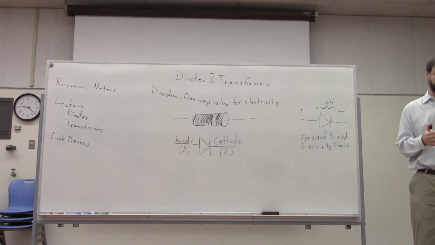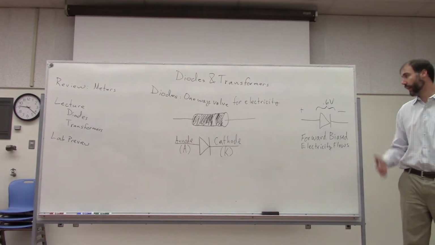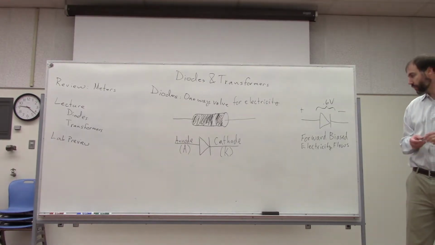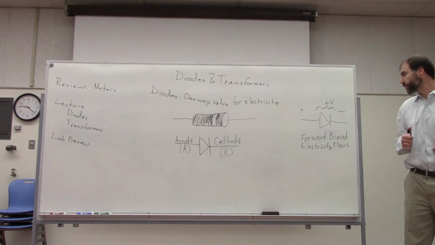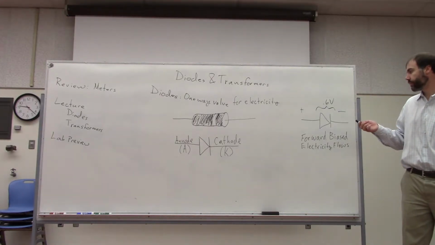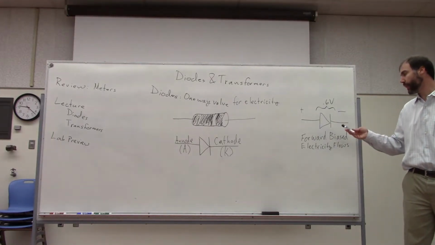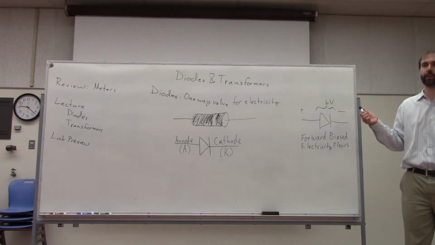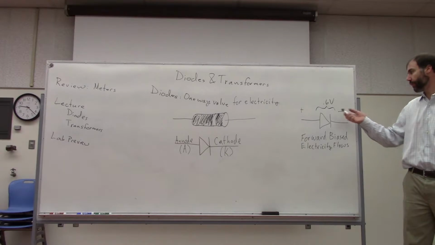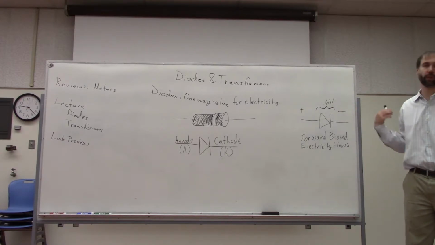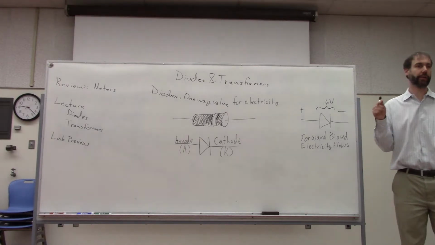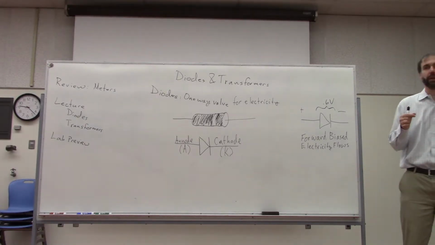It can vary a little bit, but it's somewhere in that range. So it doesn't change much based on how much current is flowing through the diode. So if you have a little bit of current, it's about 0.6 volts. If you have a lot of current, it's still about 0.6 volts, somewhere in there. Okay? It always stays about the same.